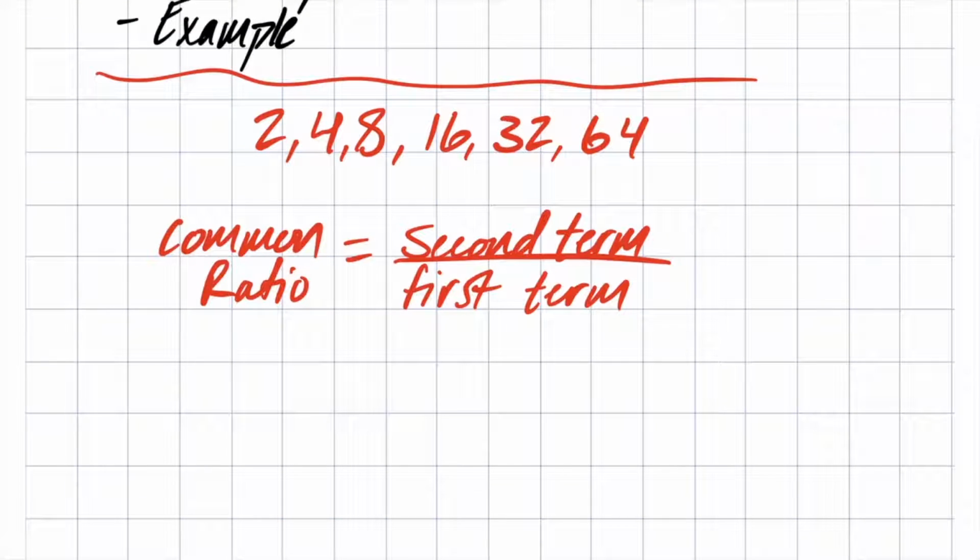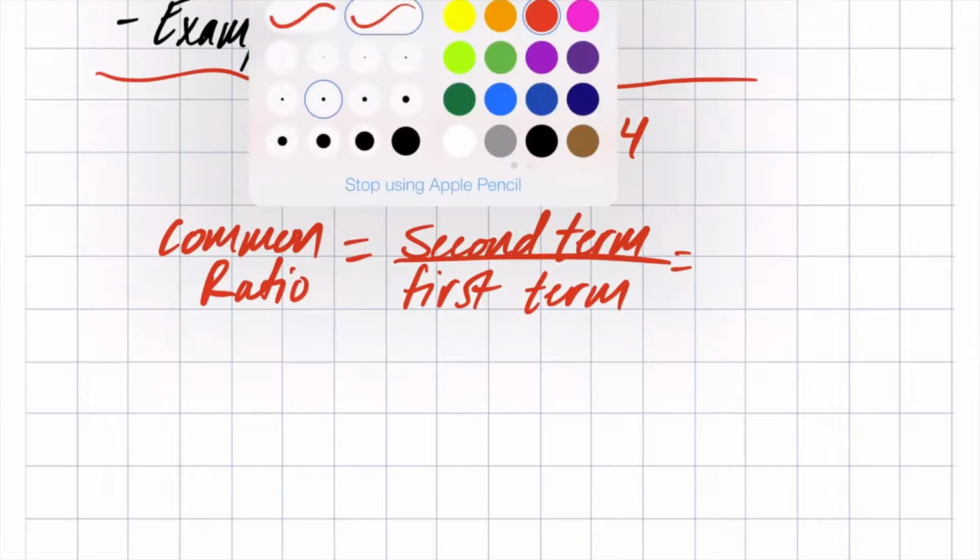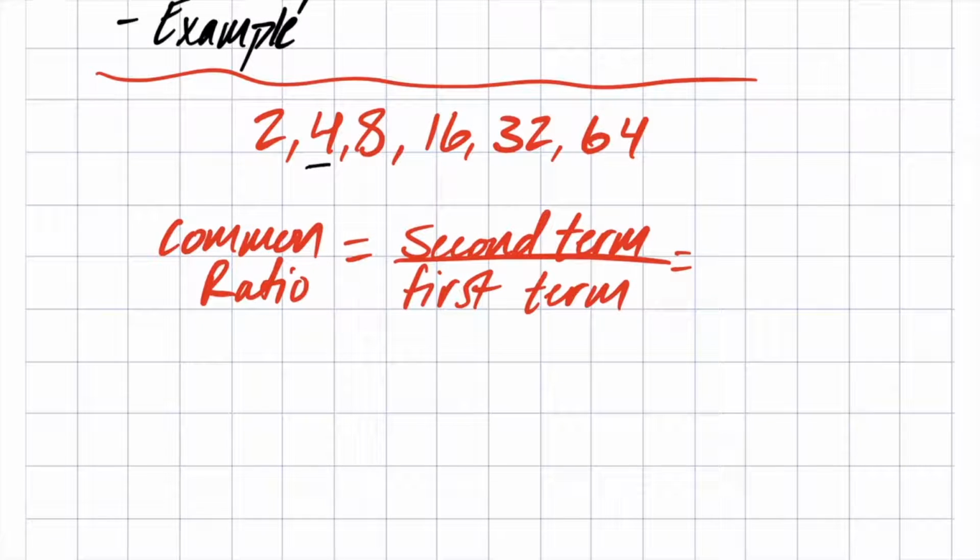Okay? Now, if you just look at the sequence, you can tell that it's being multiplied by 2, but we're just going to confirm that, okay? The second term in this problem is 4. The first term in this problem is 2. 4 over 2 is 2.